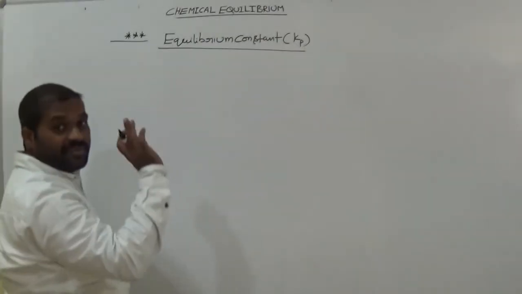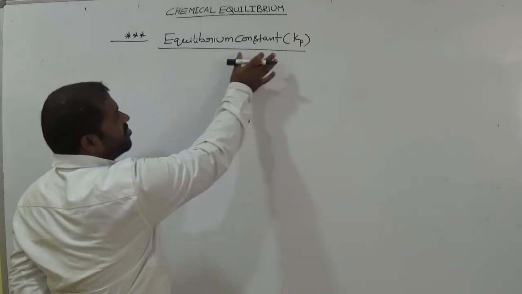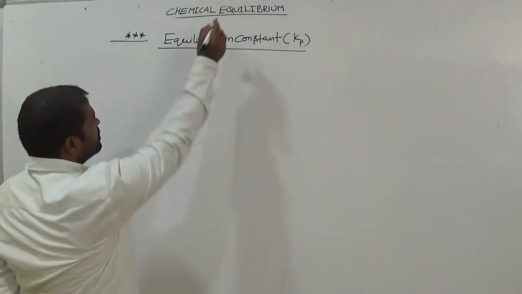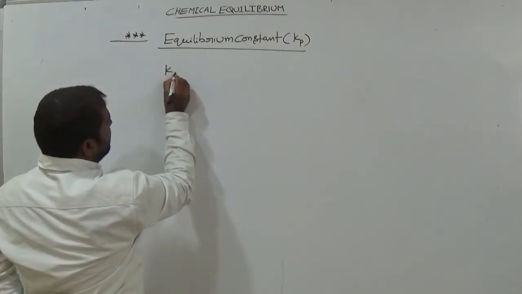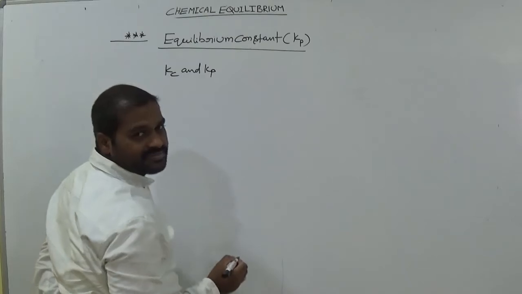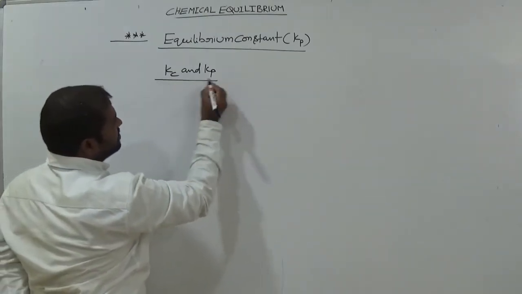We already discussed Kc. It is also an equilibrium constant, Kp. So what is the difference between the two? The difference between Kc and Kp.